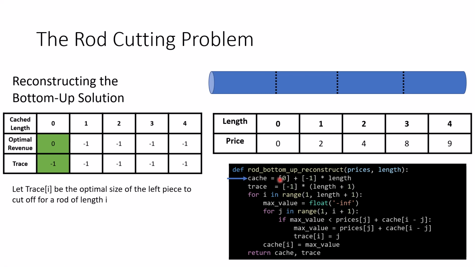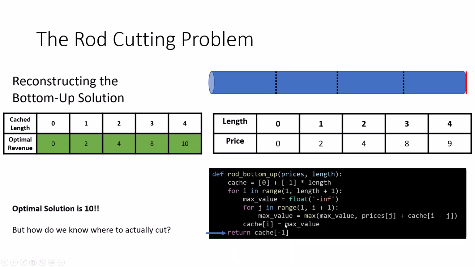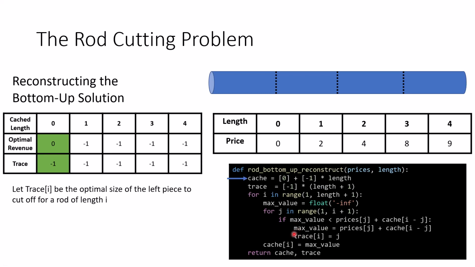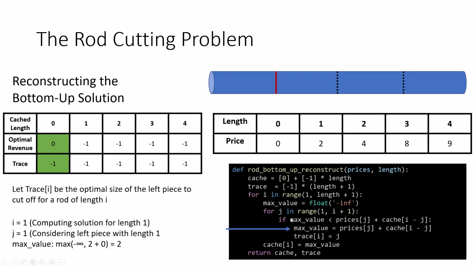Okay, so this is the code. It's really just a slightly modified version of the previous code over here. Really, I'm just going to build this trace array if we have to actually replace one of the maximum values that we're building up. So let's work through it again.